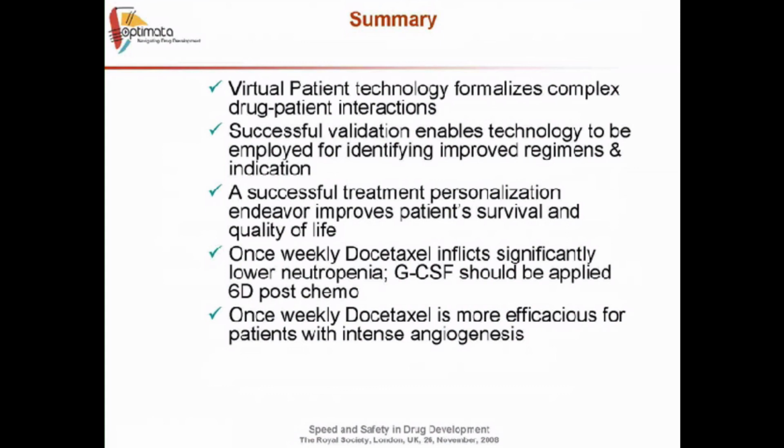Once weekly docetaxel inflicts significantly lower neutropenia; G-CSF should be applied 6 days post-chemo in the once weekly regimen, and not so in other dosing intervals for this drug. Because for the biweekly, for example, we believe that another dosing interval is better, whereas some others can be bad. Once weekly docetaxel is more efficacious for patients with intense angiogenesis. Thank you very much.